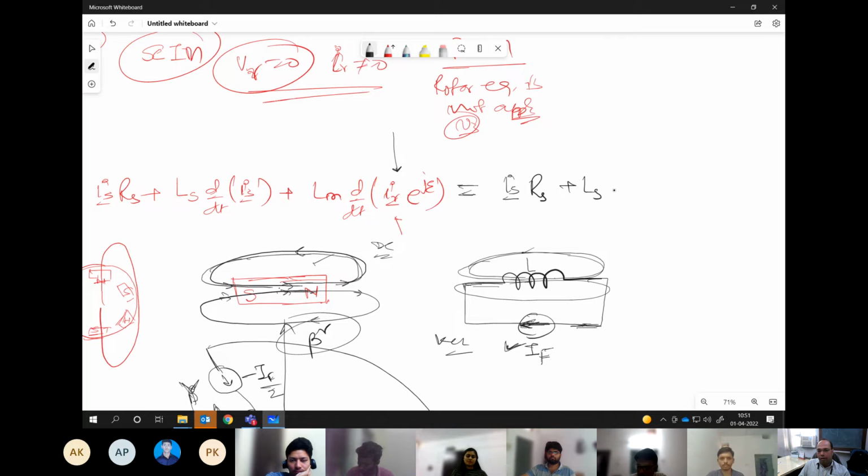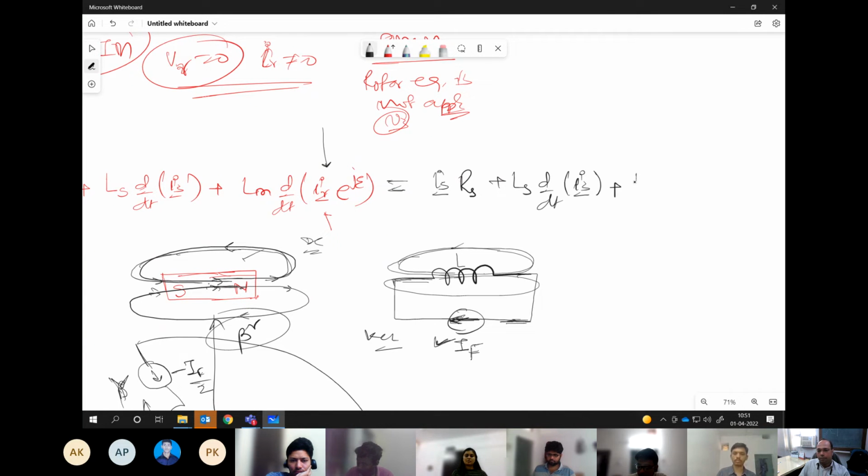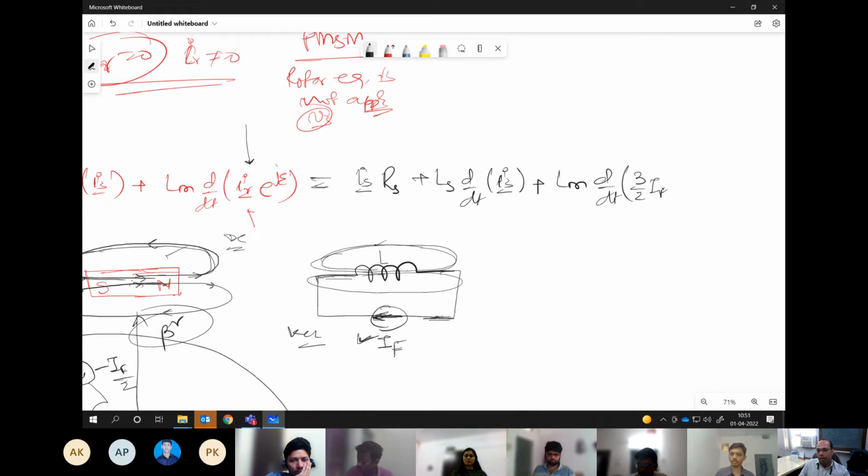Now what we have is plus IF, and there is a unit vector which is multiplied over here. Fine. This is not a vector. 3 by 2 IF is simply a scalar number.